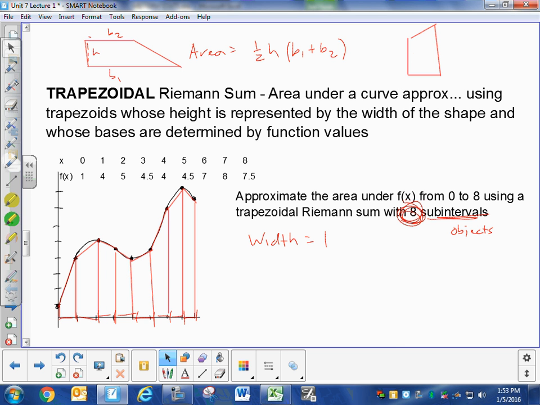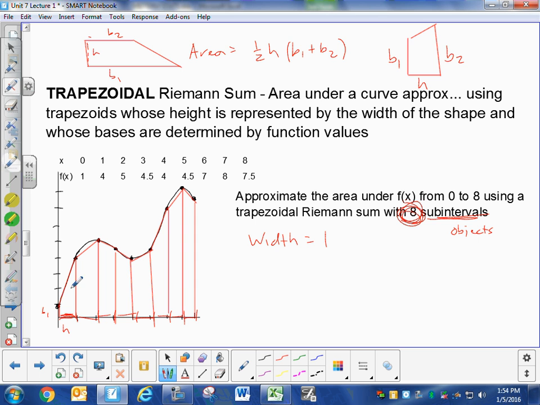Well, now look, what we are used to having the bottom being our bases, the bottom length is now our height. That's h. And this would be considered a base, and this would be considered a base. So we'd have h down here instead of delta x. In this situation, delta x is equal to h.